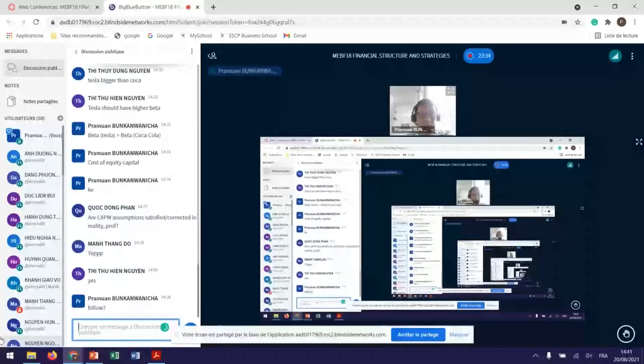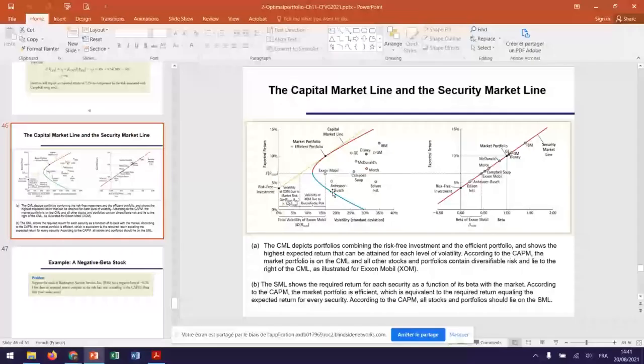Okay, so if you look at this, let's draw it. You cannot find the relationship between the volatility and the return. So if I transform Exxon, crossing it to the right-hand side, I transform the volatility into beta and plot it with the beta.